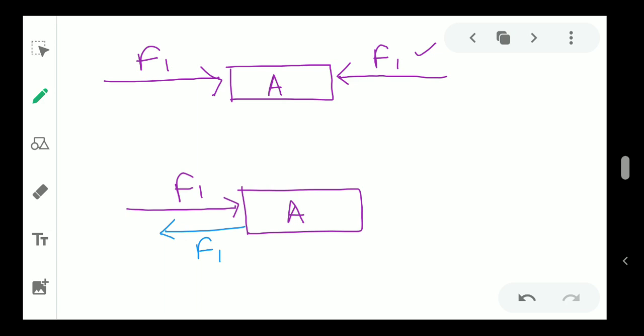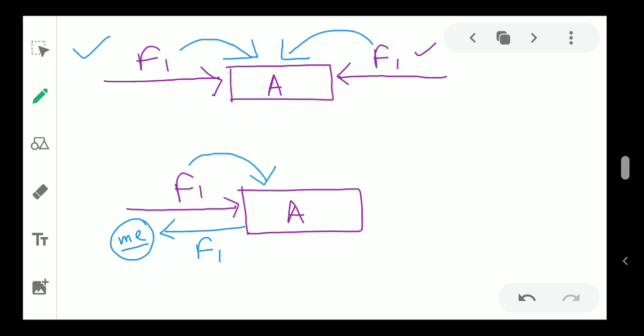Because in this case F1 acts on block A, so I am giving F1 force upon block A, and block A is giving F1 force on me. So the two forces are acting on two different points. In the first case, both F1 forces act on A, so all the forces are acting on a single object.